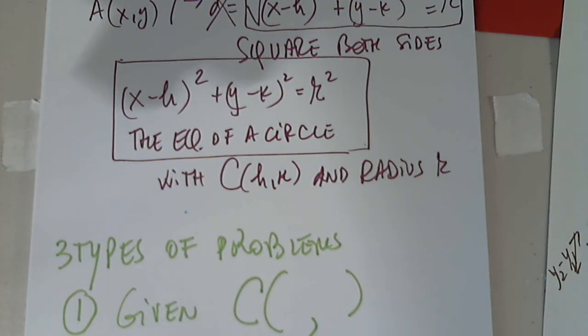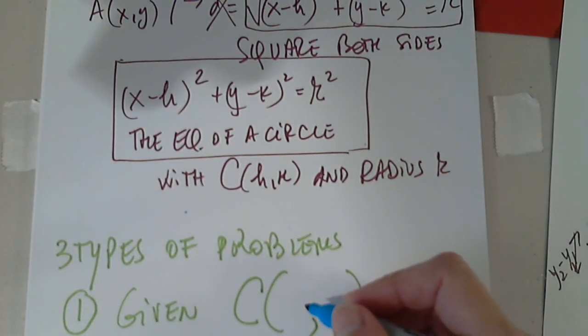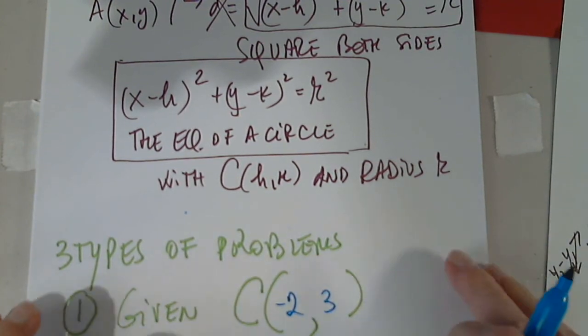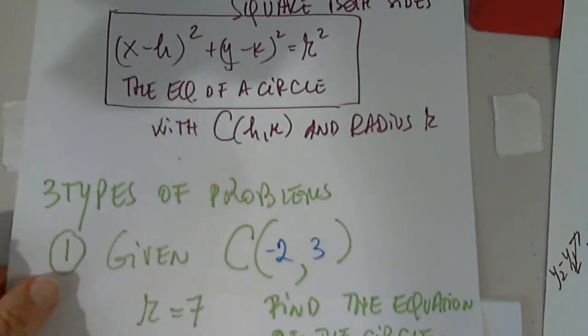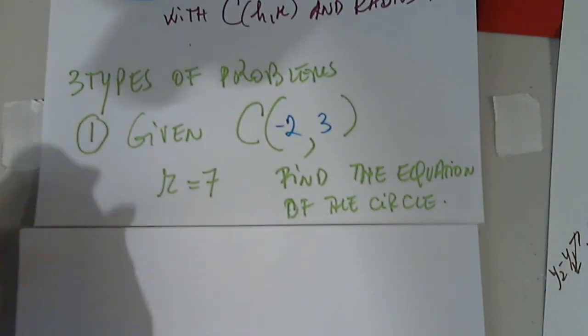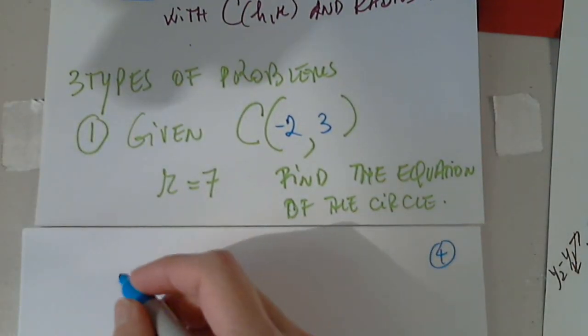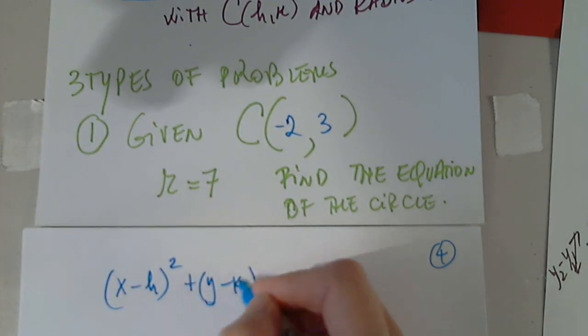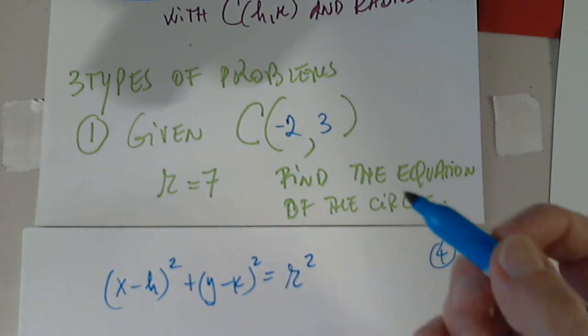Good, and the center. Can anyone give us a point that is the center? Not too far out, like negative 100 comma a million, because I want to graph it too. Negative 2 comma 3. All I have to do is write the general equation of the circle, which is x minus h, everything squared, plus y minus k, everything squared, equals the radius squared.